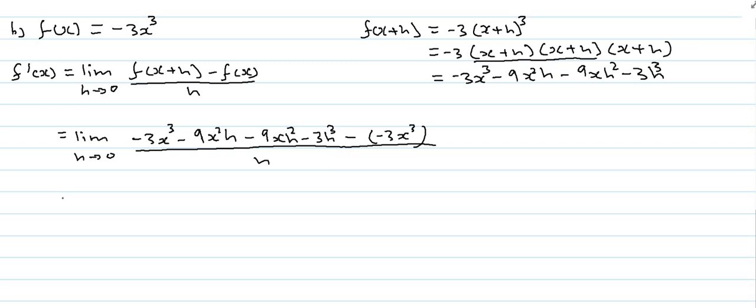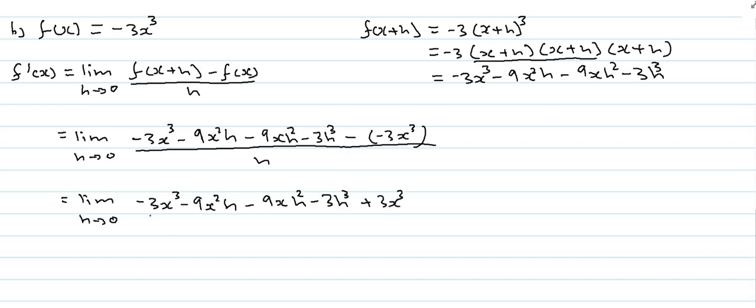Then the next step, you bring your limit, the limit as h approaches 0. Negative times negative is positive. Then this becomes negative 3x cubed minus 9x squared h minus 9xh squared minus 3h cubed plus 3x cubed, all divided by h.